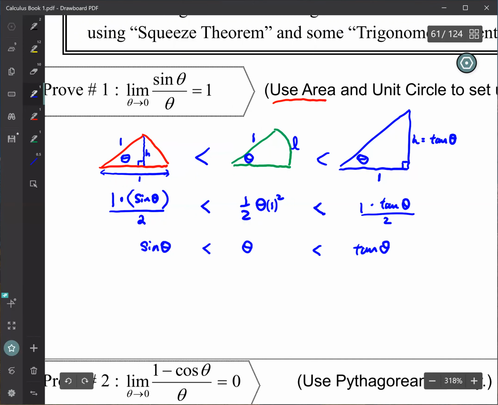This is a very important sandwich. Depending on what question they give you, you can base on this and then start to move them around. Okay, so let's box it first. A very important relation.